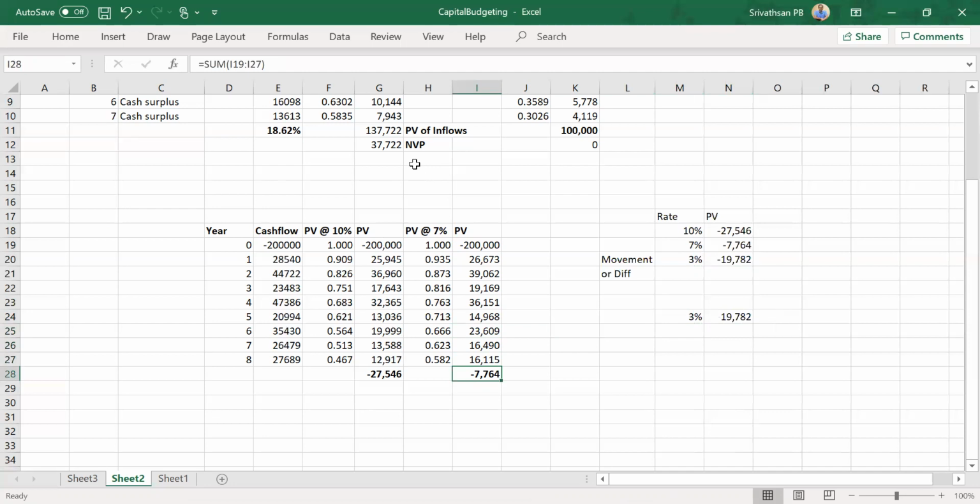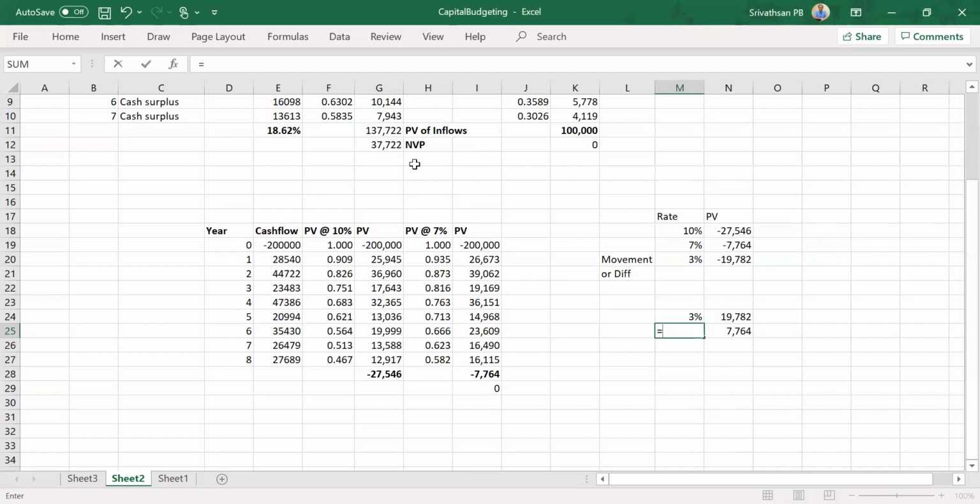This 7,764 must go away. Only then can the IRR be calculated, or the NPV become 0. So to make it 0, I need to move 7,764 more. How much more rate change do I need to make this movement? I need an additional 7,764 movement. So let's find out using cross multiplication.